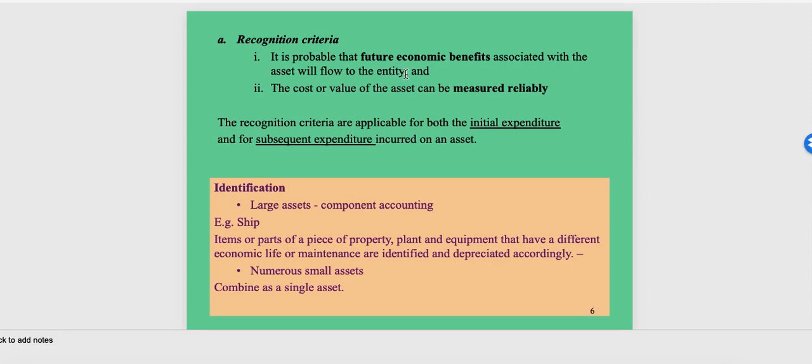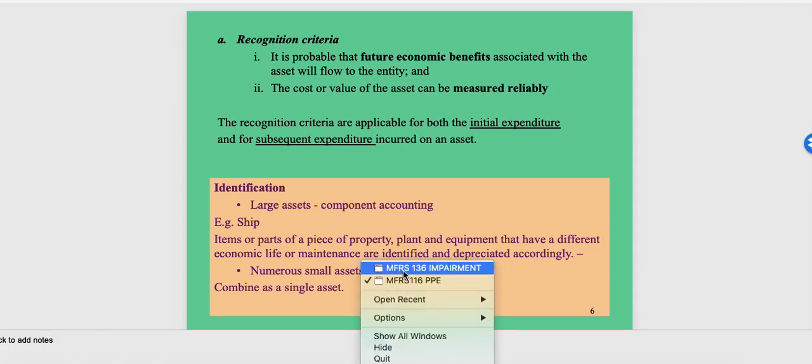So whenever there is an indication that the revenue may drop, the first recognition criterion needs to be checked again, whether there is still a probable future economic benefit for the business. So you need to do an impairment test on the asset.